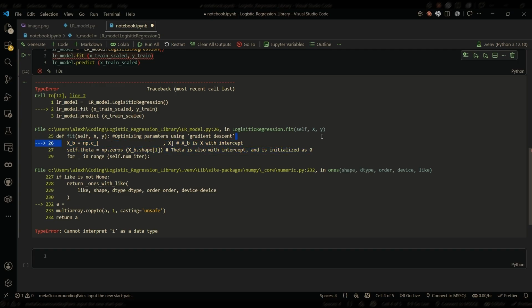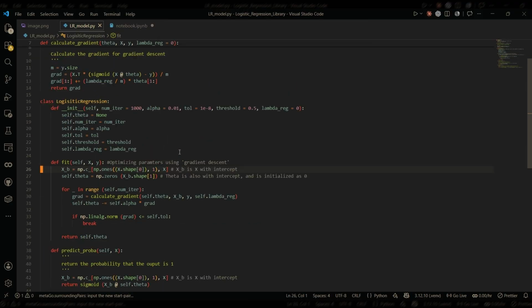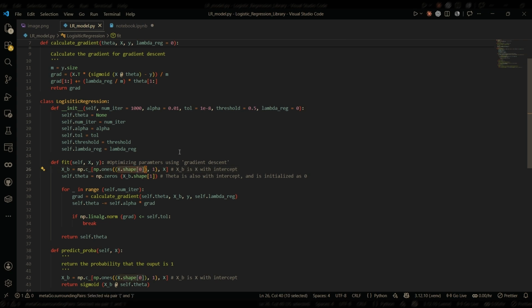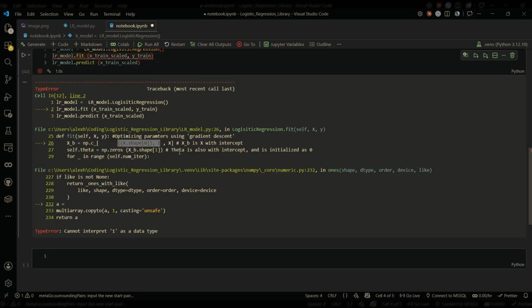So let's try this line, concatenate brackets with X. Oh yeah, this is wrong. So firstly, this should be deleted, and then this whole thing should be a bracket like this. So change this line as well because we copied it.